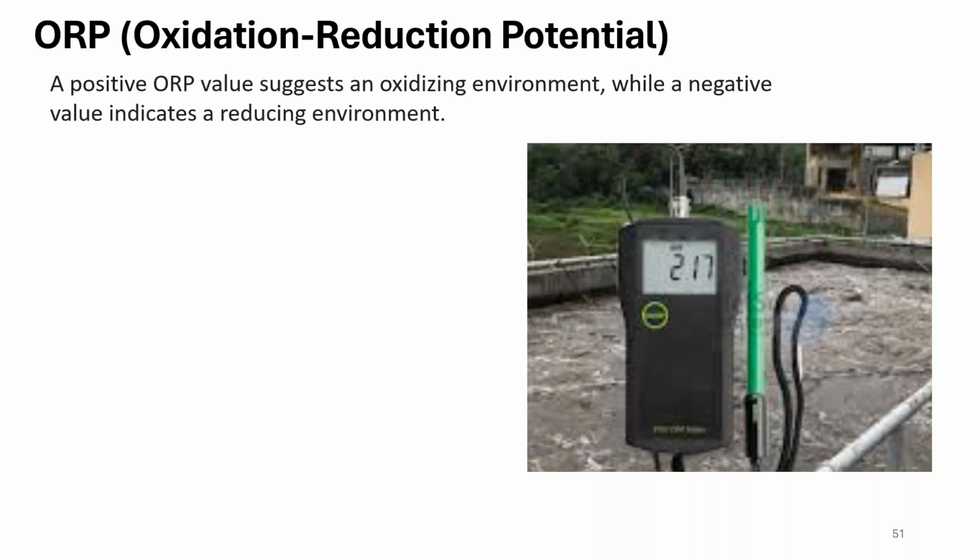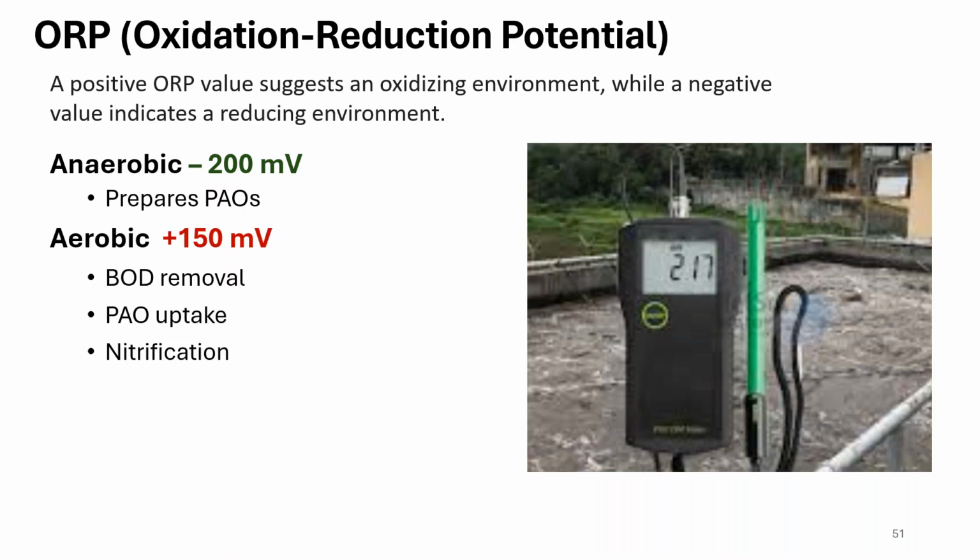A positive ORP means you have oxidation going on, and a negative value is a reducing environment, like an anaerobic environment. So for the anaerobic environment that we're looking to produce, our ORP reading should be around negative 200 millivolts.